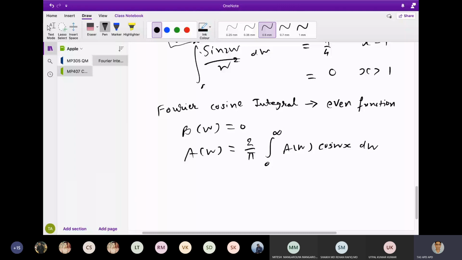Then you plug in this value in your Fourier integral, so that should give you f of x equal to the integral from 0 to infinity of a cos wx dw.